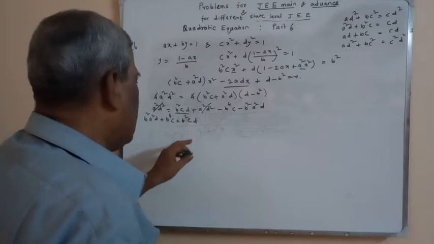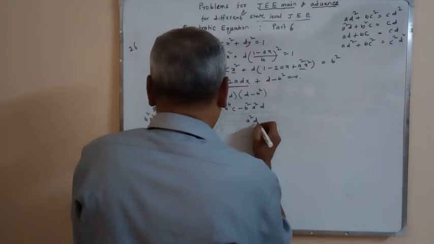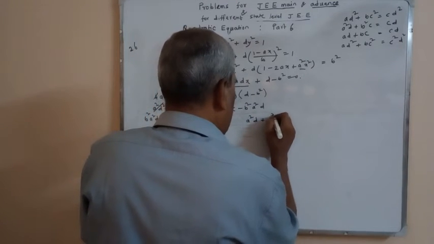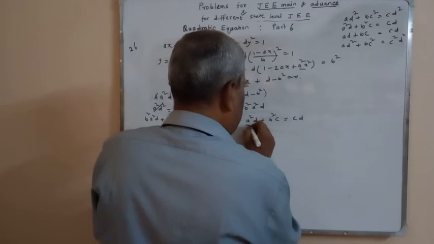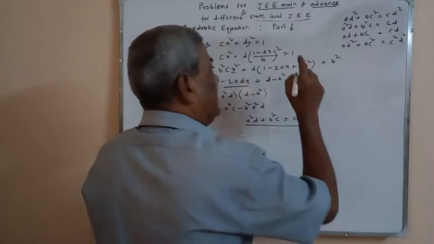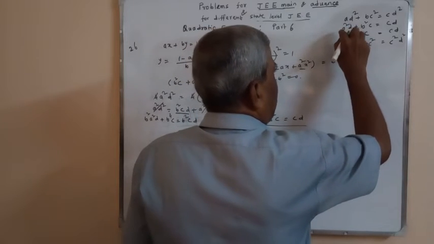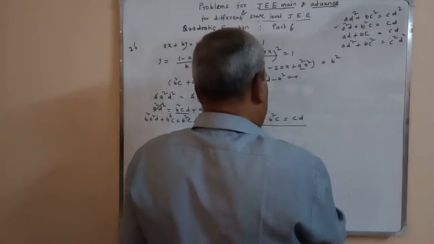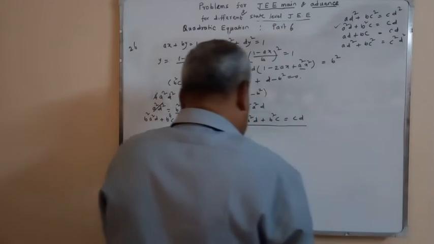From both sides, b square can be cancelled. So we get a square d plus b square c is equal to cd. This is our answer, and it matches option number B, the second option: a square d plus b square c is equal to cd. So option B is the correct answer.